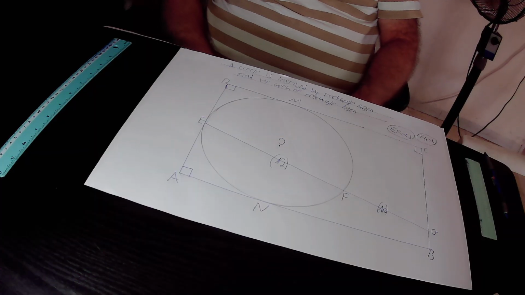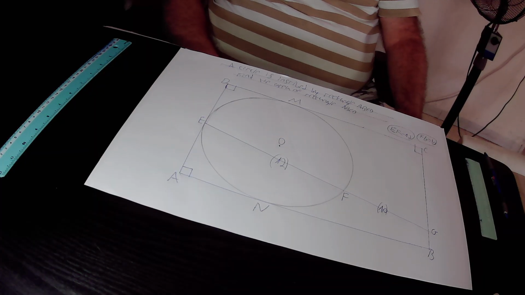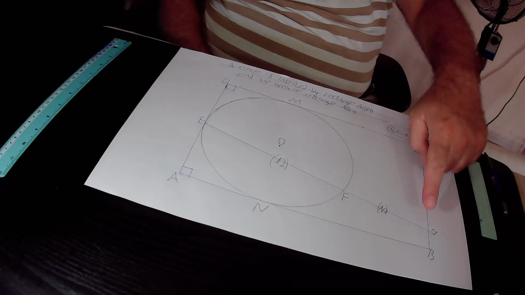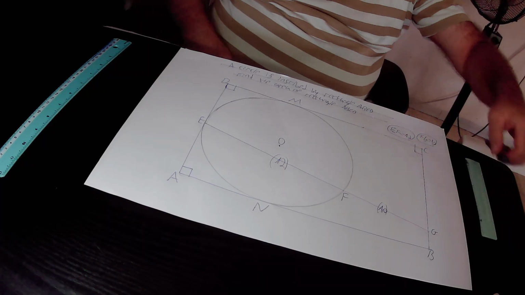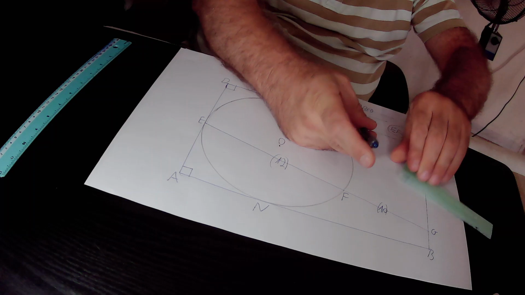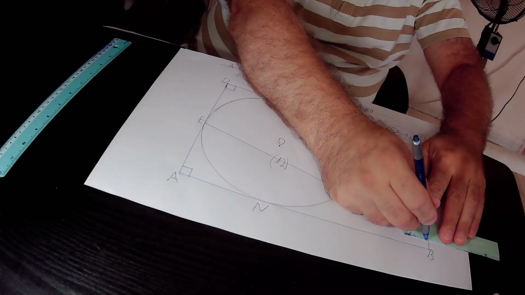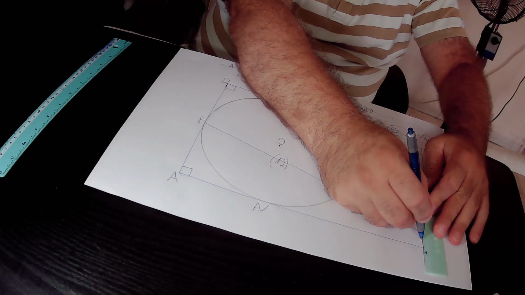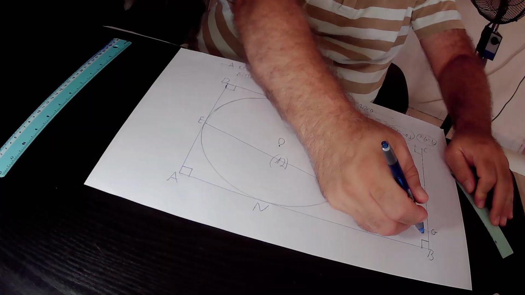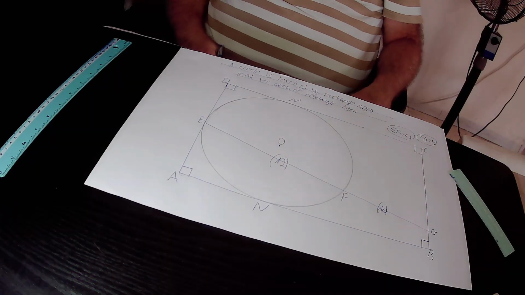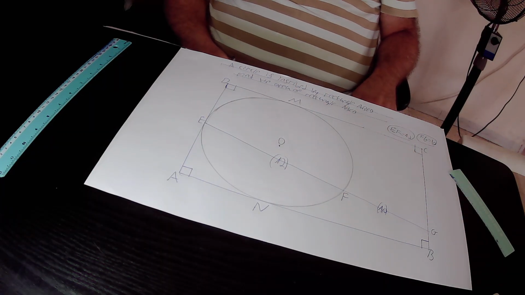So first of all, we know that all the angles inside any rectangle are right angles. So this is a right angle. And we also know that the area of any rectangle equals the length of the rectangle times the width.